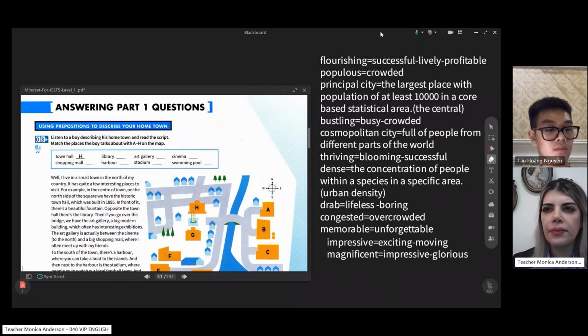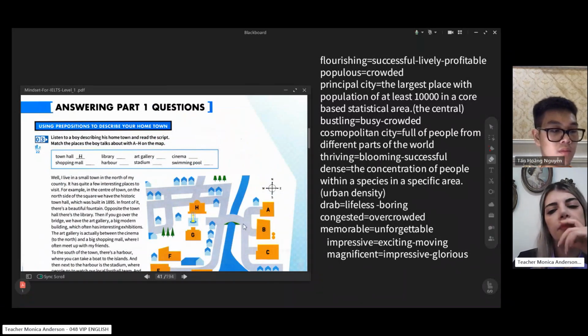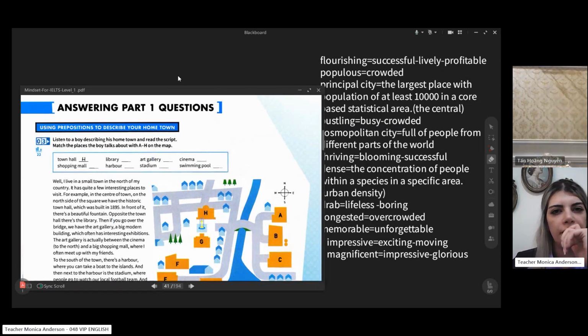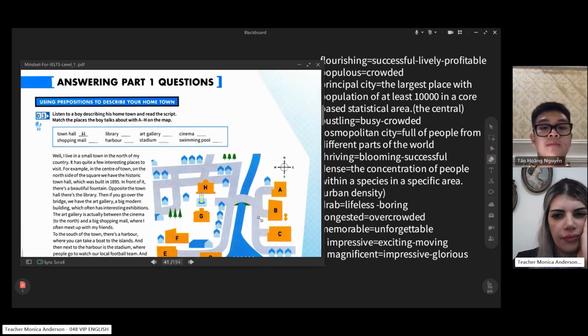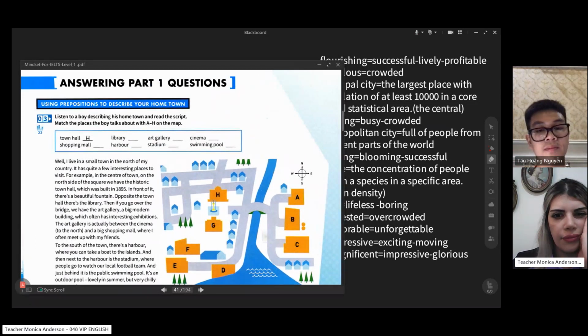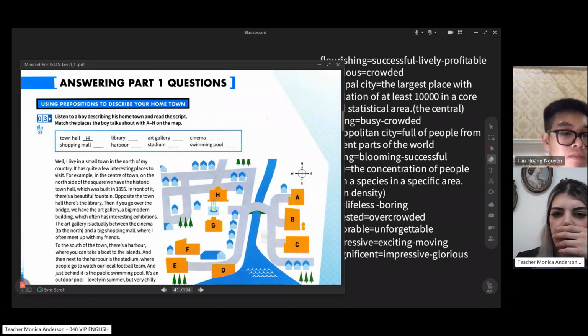Track 22. Well, I live in a small town in the north of my country. It has quite a few interesting places to visit. For example, in the center of town, on the north side of the square, we have the historic town hall, which was built in 1895. In front of it, there's a beautiful fountain. Opposite the town hall, there's the library. Then, if you go over the bridge, we have the art gallery, a big, modern building, which often has interesting exhibitions.